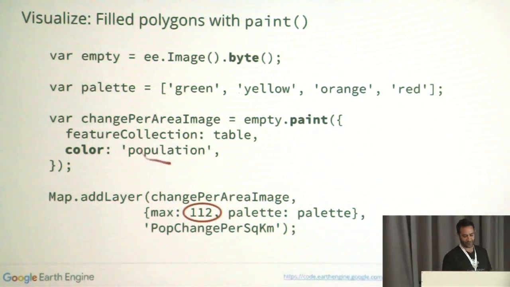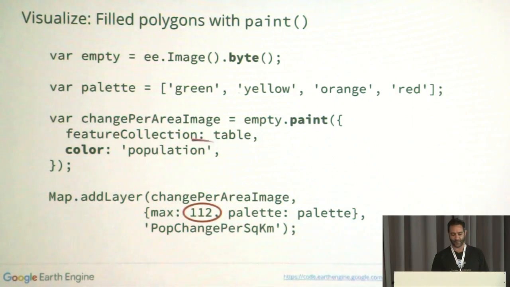So each pixel under the ecoregions is going to have a pixel value according to the population property of the table, which I'll remind you is population change per unit area, or I'm sorry, per square kilometer.